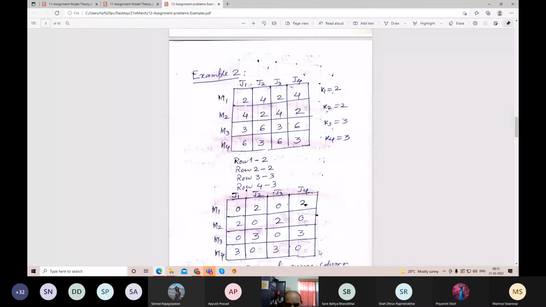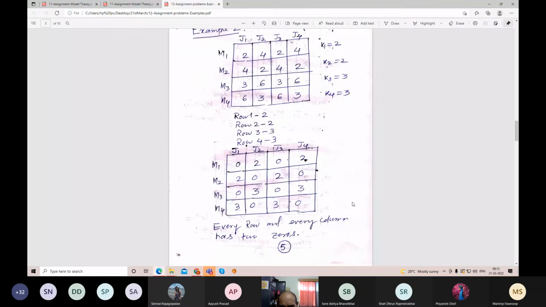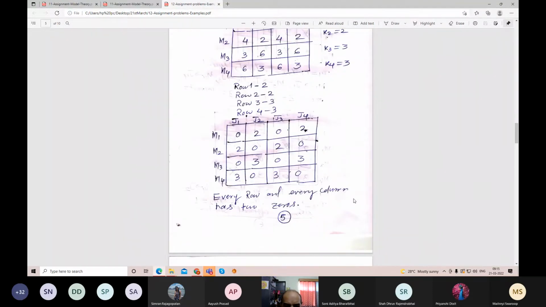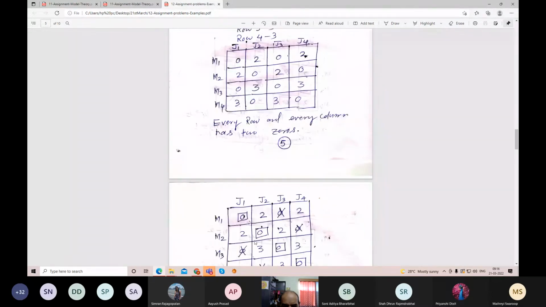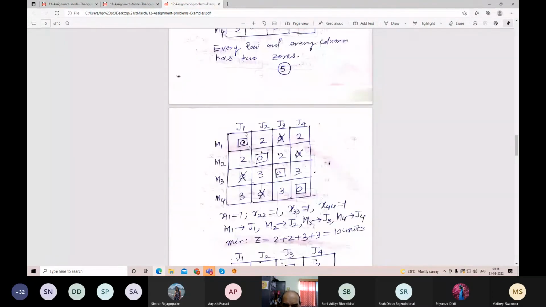So this is a case where we observe there may be multiple optimal solutions. Since you have two 0s, you can assign to any 0. In the first row, first column there is a 0, and in the first row, third column there is a 0. So you can select the first 0 and assign to that, and you cross out all the 0s in the same column.